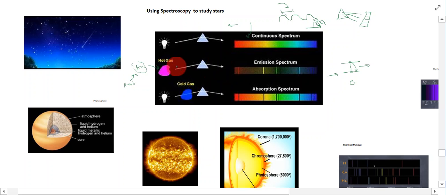Now, the opposite then happens as well. Not only will these atoms give off or emit light, they will also absorb it. Remember, if you want to get this atom to move from this energy level to this energy level, an amount of energy that's equal to the difference between these two levels has to be provided to the atom.